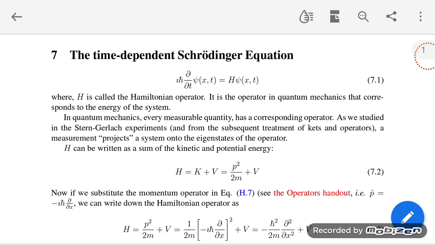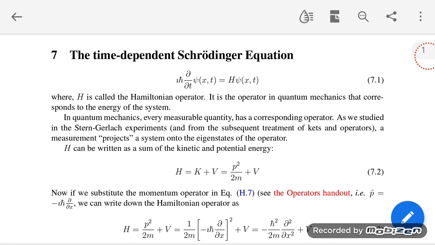Here h cross is equivalent to h upon 2 pi. Iota is an imaginary part which we have studied in earlier classes. Del by del t is the rate of change of the wave function with respect to time.